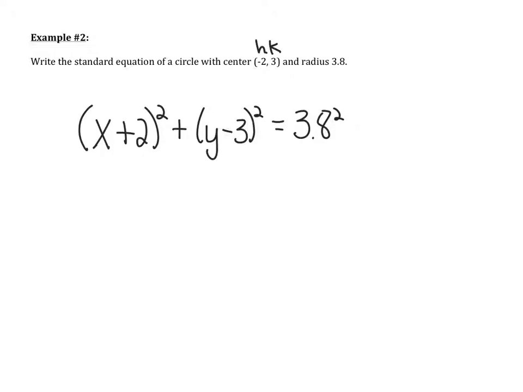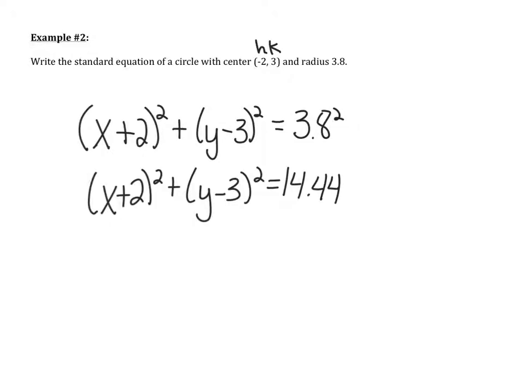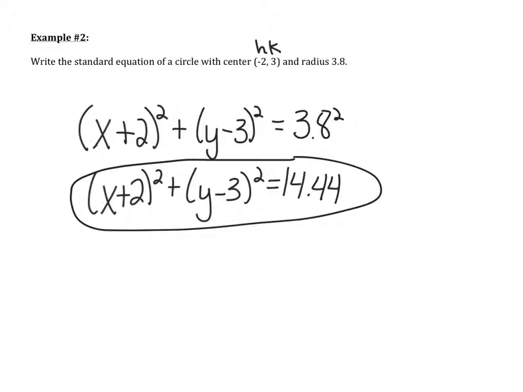So simplified, this would look like x plus 2 squared plus y minus 3 squared equals 14.44. And that would be our final answer for the standard equation of a circle with a center at negative 2, 3, and a radius of 3.8.